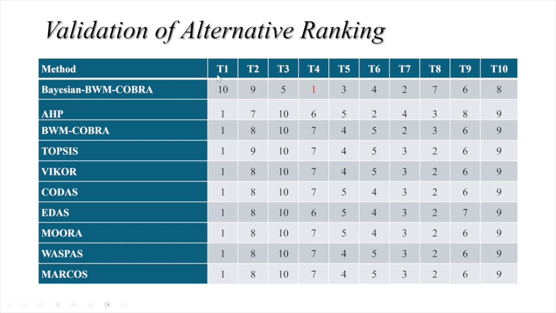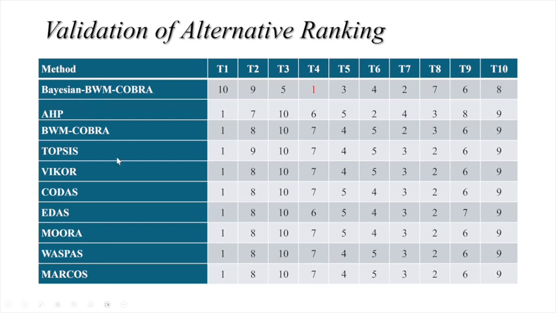So after that, we tried to look at the validation using both the methods. We compared with various others: AHP, TOPSIS, VIKOR, MOORA, WASPAS, MARCOS, BWM COBRA, and the Bayesian BWM COBRA.